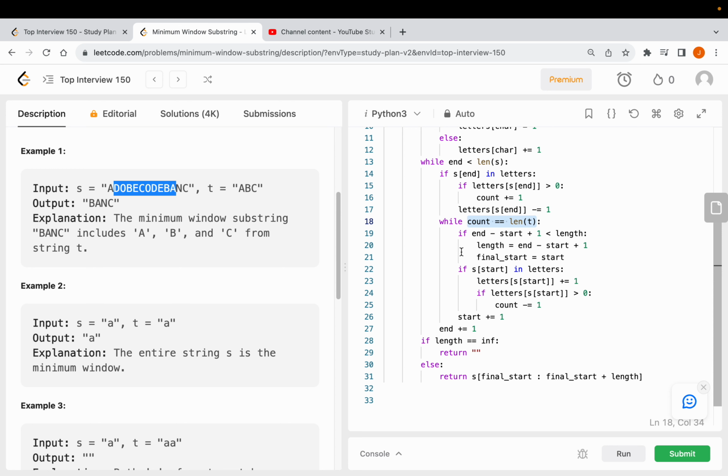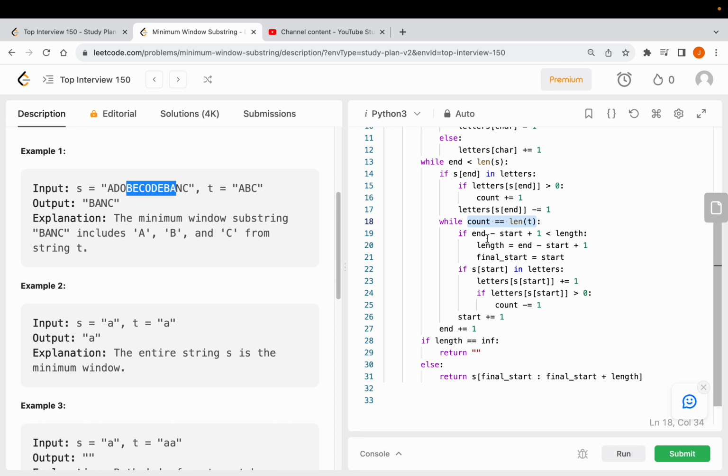So as start is looking at D, is that in letters? No. So what do we do? We just move start to the next. So now we're looking at this. Is that in letters? No. Not here. B. We still have count is 3 because we have all the ABC there.